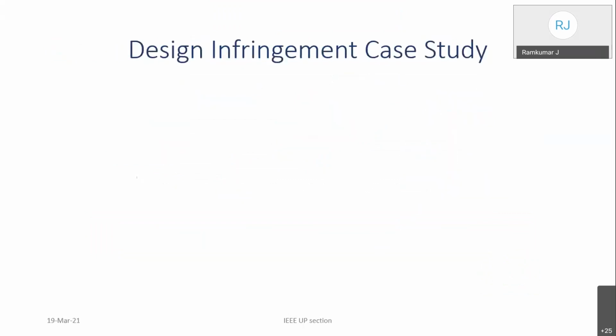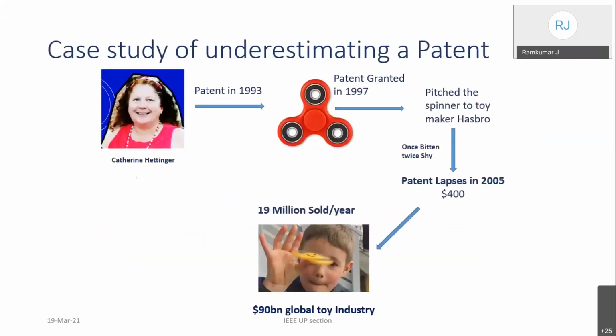So you cannot underestimate a patent. Catherine Heidenger developed a device which is patented. She patented it in 1993, and this is your fidget spinner device.